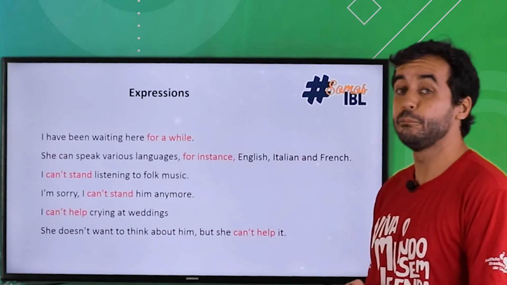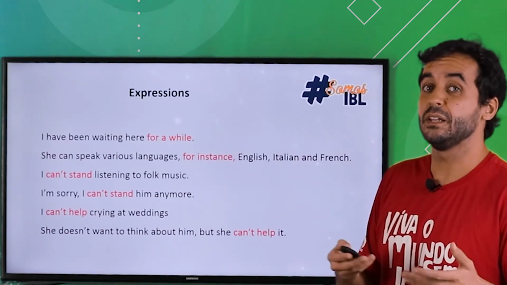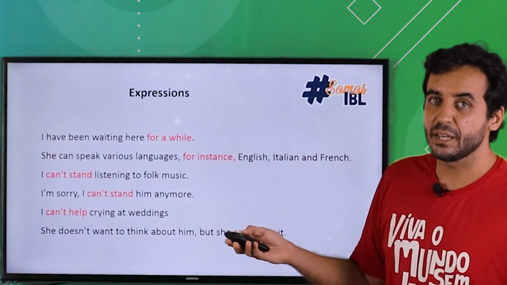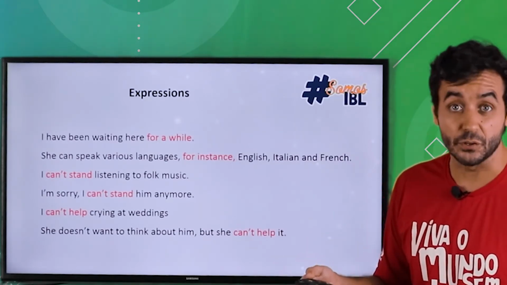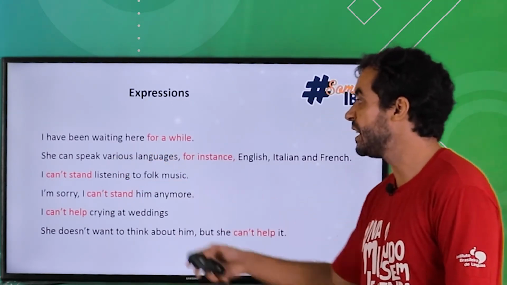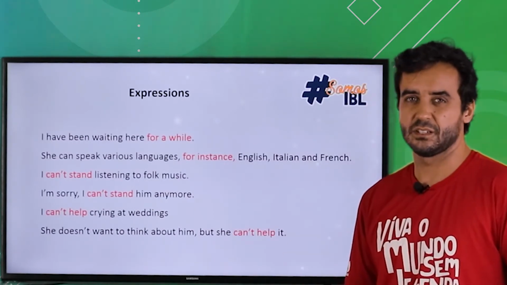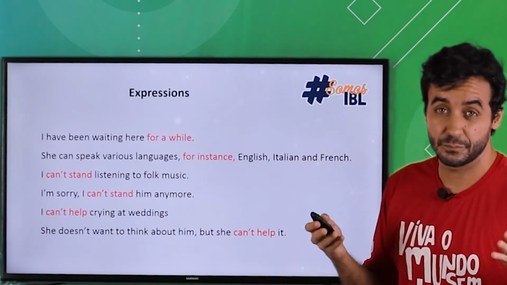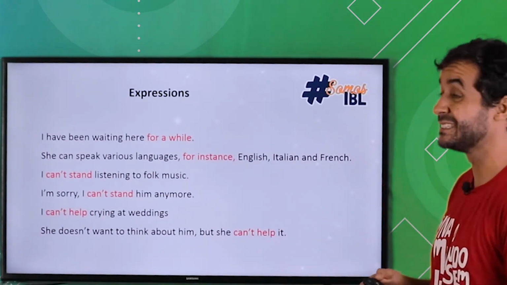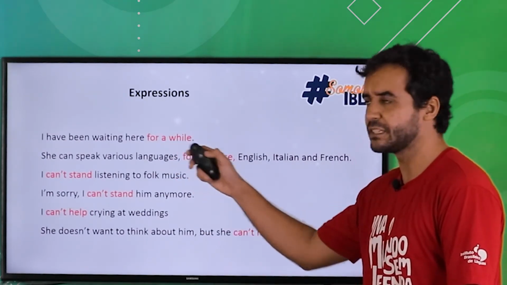So now you have a better way of saying that you have been waiting for 10 minutes or some unspecified time period, right? I've been waiting here for a while, for a moment, right? Unspecified period of time. Oh, that's a really difficult word to say, but you got the idea, right?